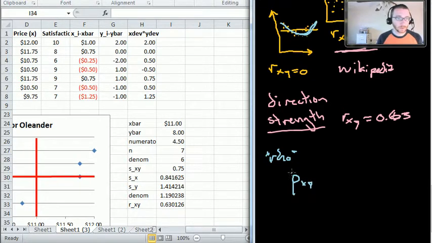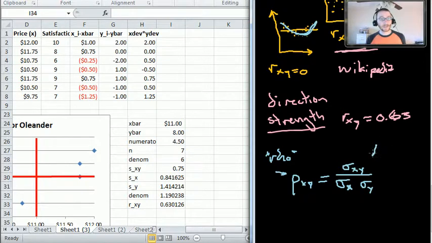And in that case it's going to be my population covariance, sigma xy, divided by the product of my population standard deviations. Again, generally speaking, we can't figure these out, and so we use rxy to try to estimate that. But this is what we really are looking for.